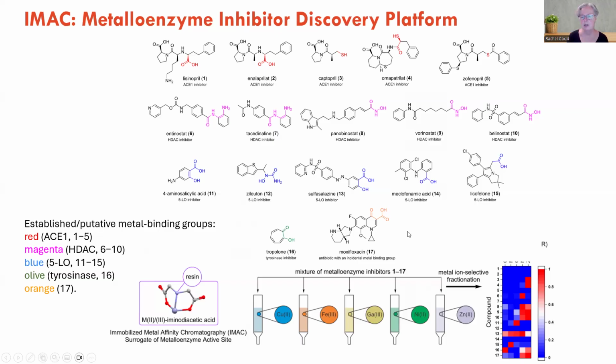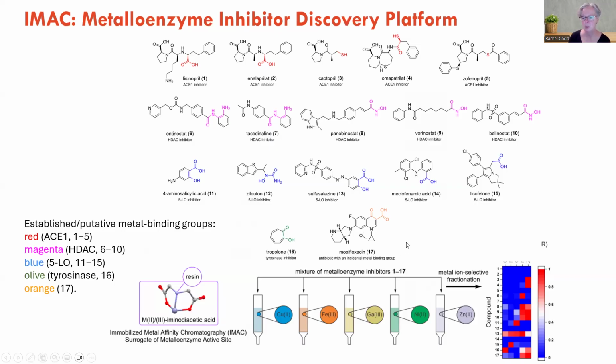And we included in this mixture an antibiotic that doesn't necessarily have a known function in terms of binding metal ions for its activity, but nonetheless, it has a chemical motif that we would recognise as having capacity to bind to a metal ion.